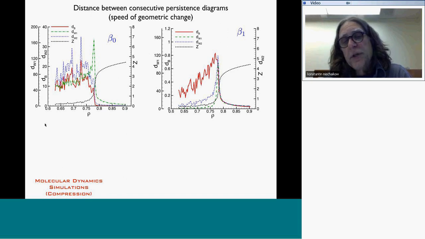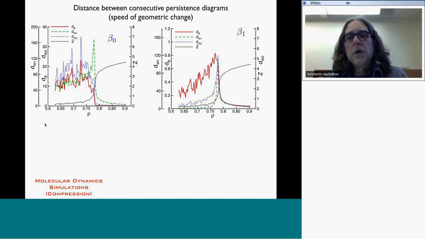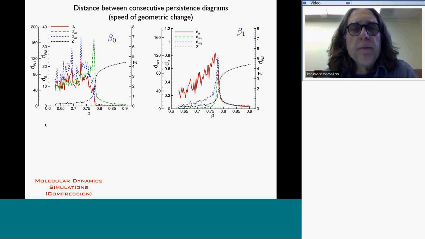So the idea is we start with a large container, and we now start squeezing the container. The particles move closer and closer together. These particles are governed by Newton's laws, so when a particle bumps into another, it goes ricocheting away.